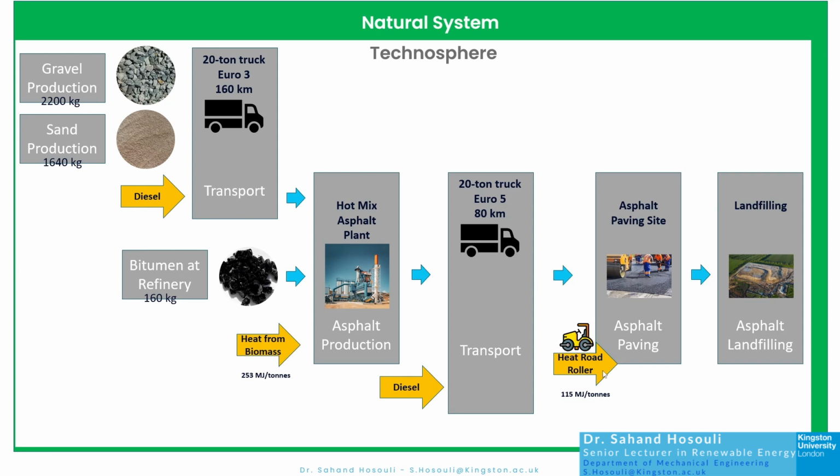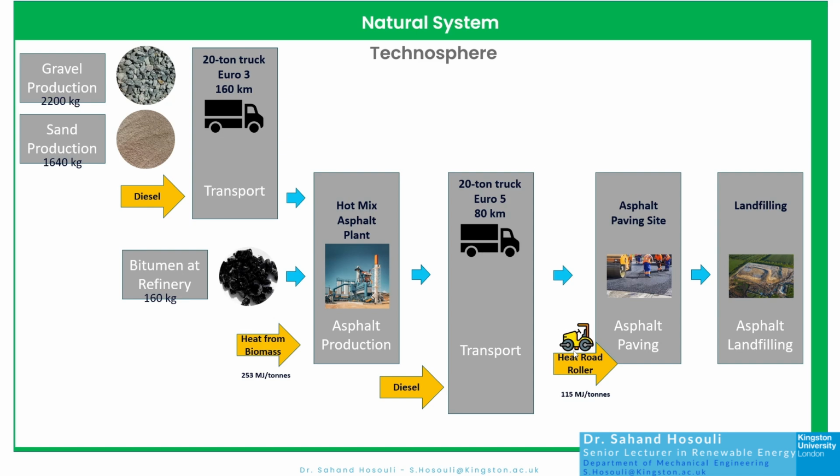So there are basically two ways to put the heat road roller. One way is to look for the amount of the normal and average heat needed. In this case we look for it and it's about 115 megajoule per tons, and then we put it as a heat input.